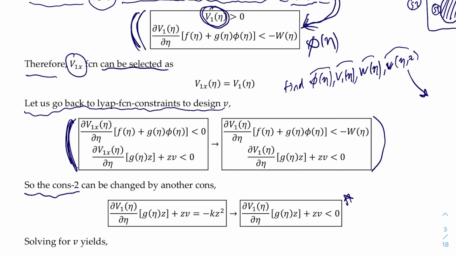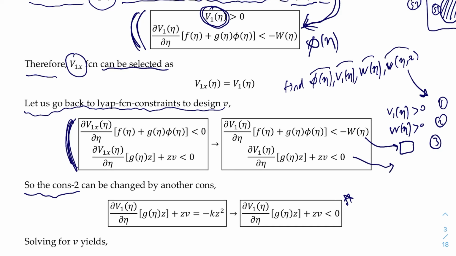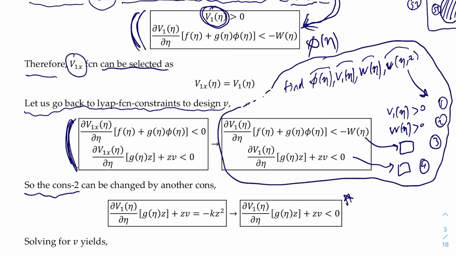Simultaneously find these 4 functions such that constraint 1, v1 of eta is positive. Okay, this is constraint 1. And w of eta is positive. Okay, this is constraint 2. Okay, and this is the third constraint. And this is the fourth constraint. So the problem is this. And we transform our original problem to that. Okay.